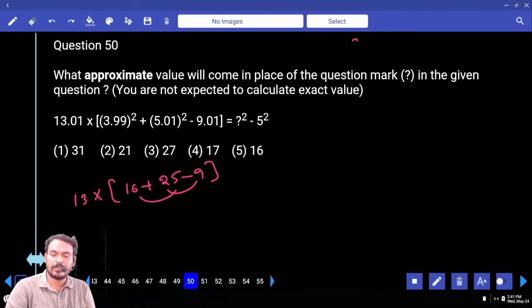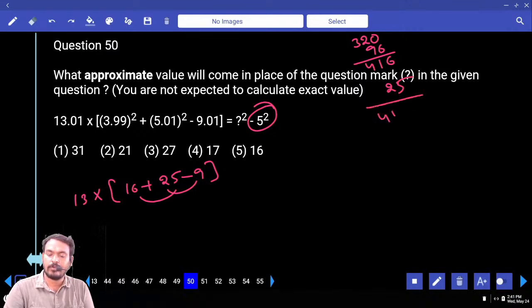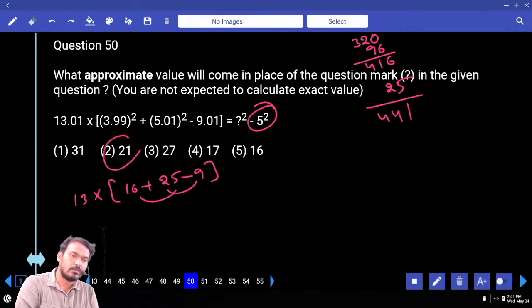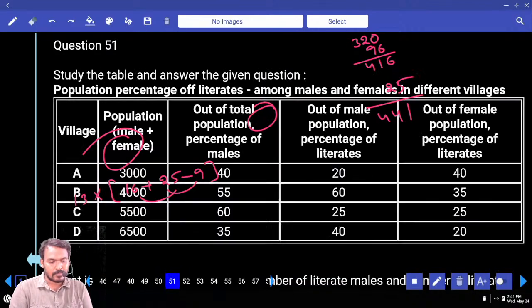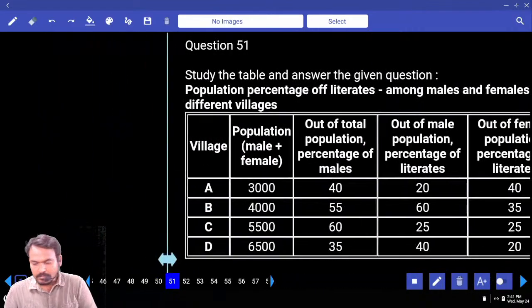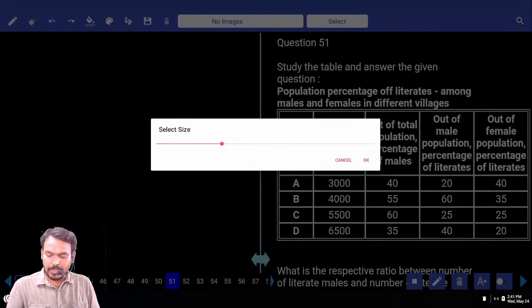What is 10 times of 13? 10 times of 32, 320. 3 times 96. Total it is 416 plus 5 square 25. Total it is 441. Which one square? 21 square. Question number 51.